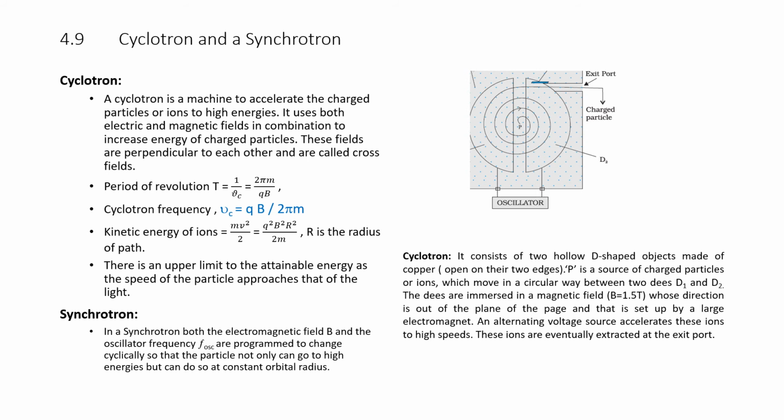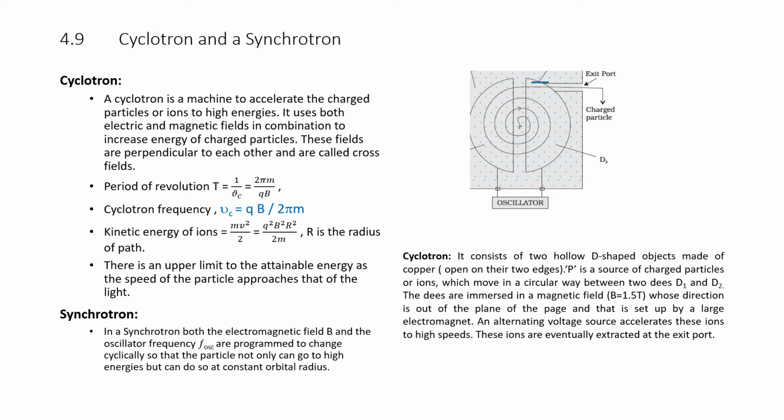There is a limitation of the cyclotron: there is an upper limit to the attainable energy level. As the speed of the particle approaches the velocity of light, it does not function.